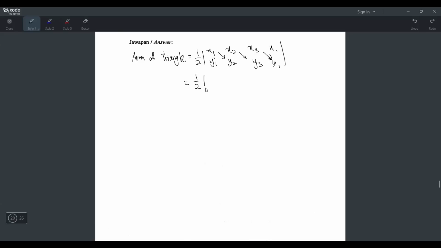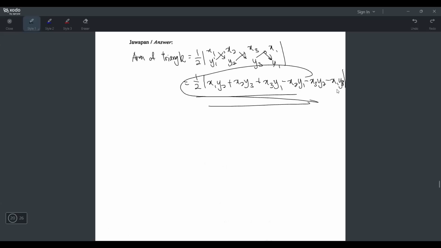So you end up with x1, y2 plus x2, y3 plus x3, y1, right? And then repeat the same process like this, but this one has to minus. So minus y1, x2, which is x2, y1, same thing. Minus y2 times x3, but I will write it x3, y2, same thing. Minus x1, y3 like this, all right? So this is the formula to find area of triangle in coordinate geometry, okay?